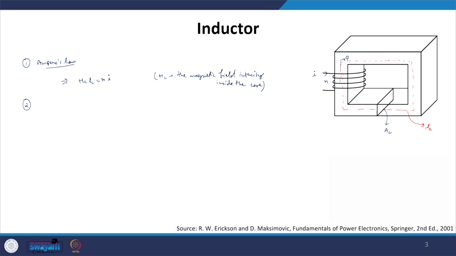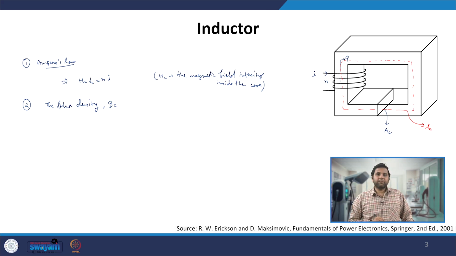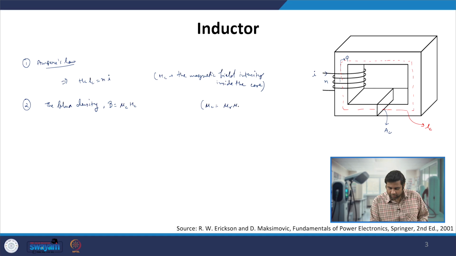So, we can then define the second term. From here we can write the flux density in the core due to the domains present in this core. Let us say the magnetic flux density B, produced due to the alignment of the magnetic domains in the core, is given by B equals mu c Hc, where mu c is mu r times mu naught, where mu naught is the permeability of free air, which is 4 pi into 10 to the minus 7, and mu r is the relative permeability.